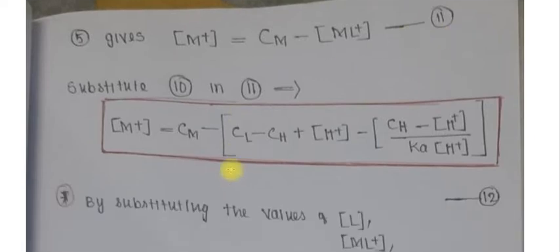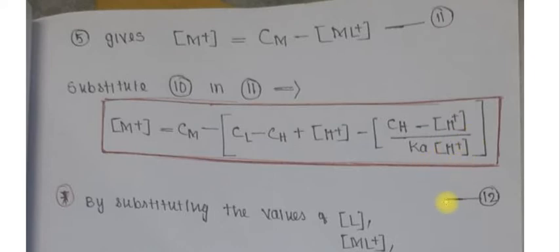So concentration of M plus will be equal to Cm minus, next we are going to substitute the concentration of Ml plus, that will be the equation given here. Cl minus CH plus concentration of H plus minus, actually this is the value of L, that means CH minus concentration of H plus divided by Ka into concentration of H plus.